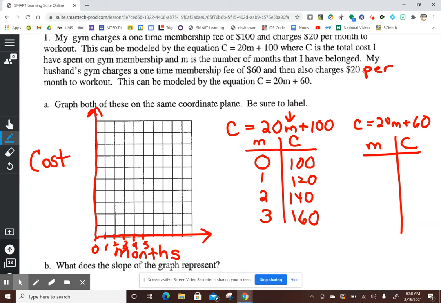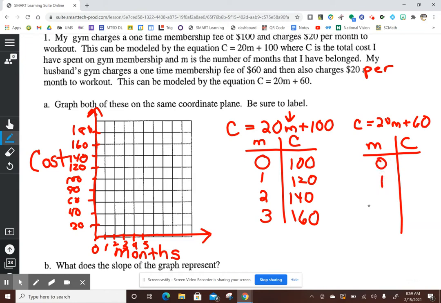So 20 would be good increments on cost. So I'll start with 20, 40, 60, 80, 100, 120, 140, 160, 180.